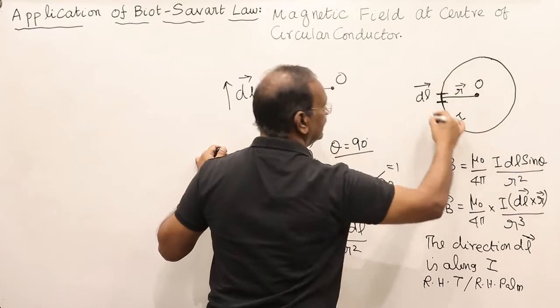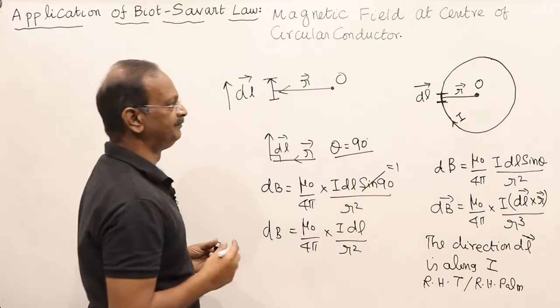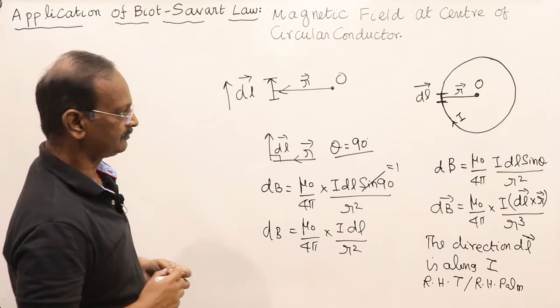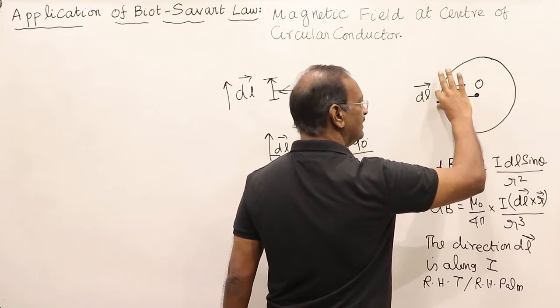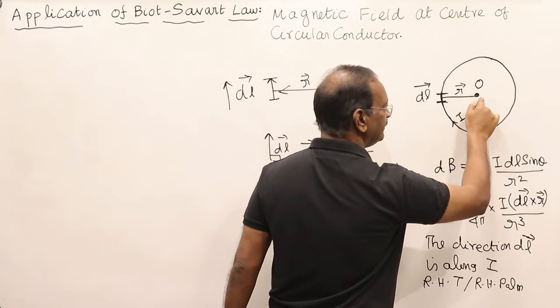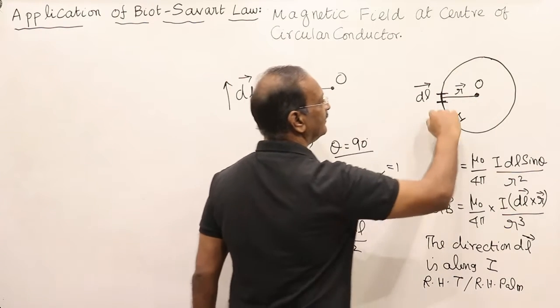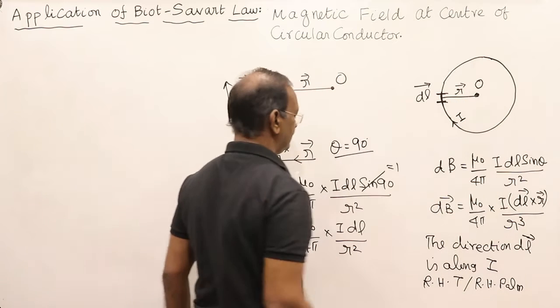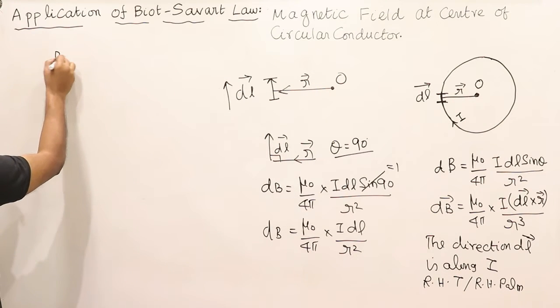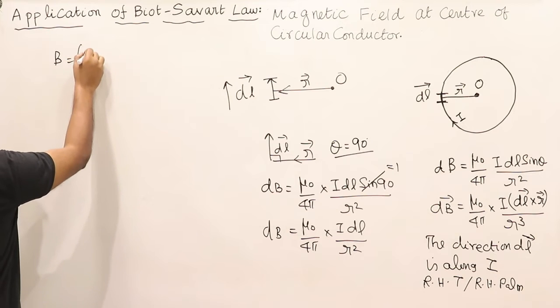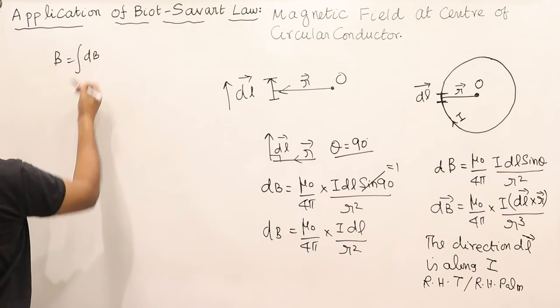We want to find out what the entire length is producing, because this is the magnetic field produced by the small elemental length of the total length at this center. But we want the entire length. So we want to find out B. What is B? We will integrate dB.